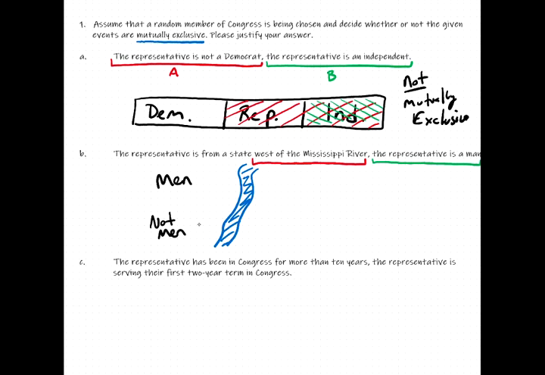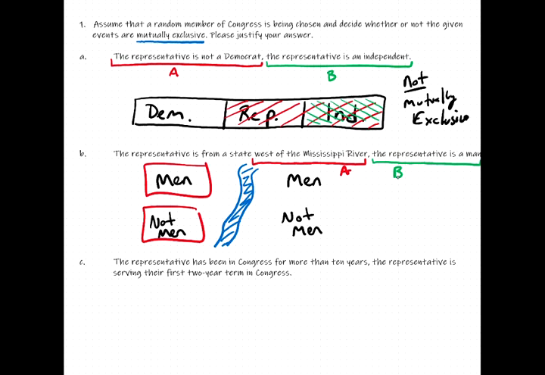And to the east of the Mississippi, you have men and you have not men. So the representative is from a state west of the Mississippi. That means all of these people to the west. And the other event, so this is event A, and event B is the representative is a man.